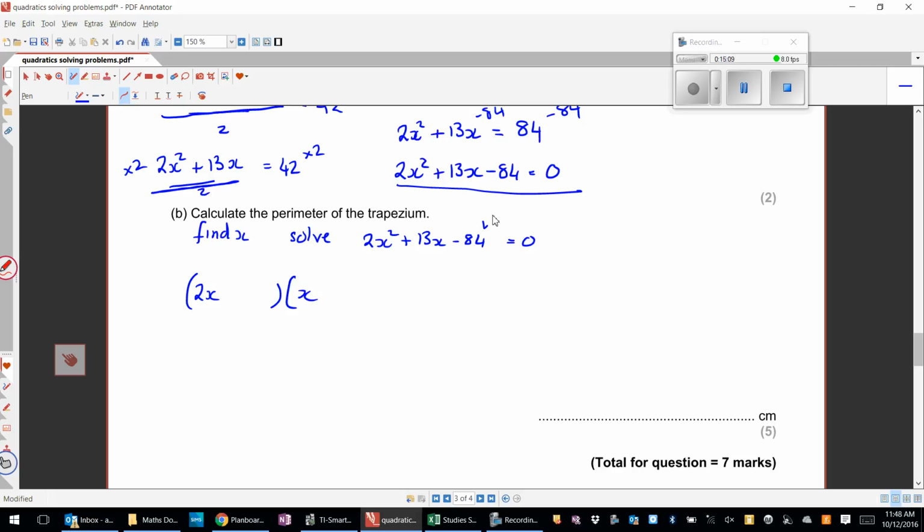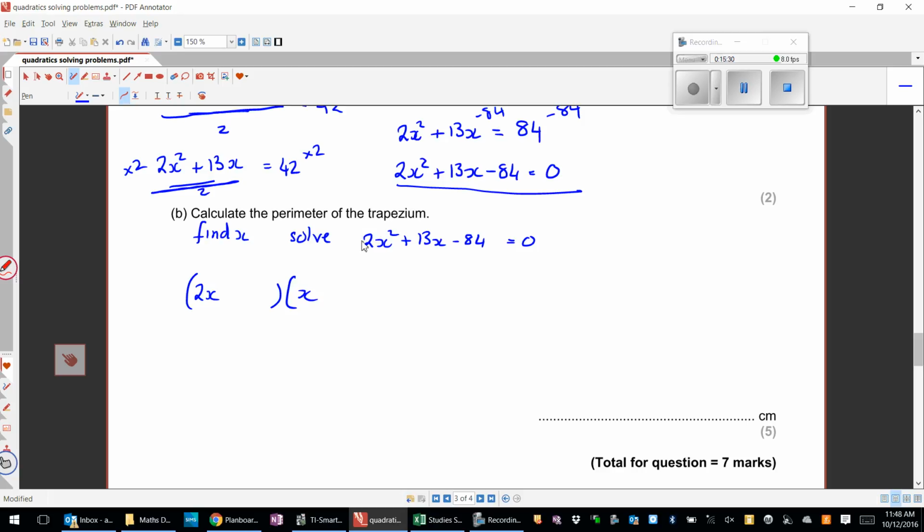No, it doesn't. 16 times 4, 4 times 10 is 40, plus 24 is 64. Not quite. But do you remember how you've got to do it? We've got to split the middle term, haven't we?